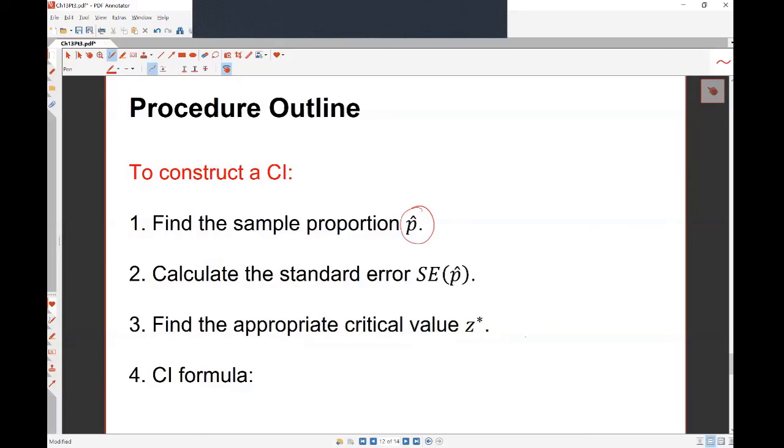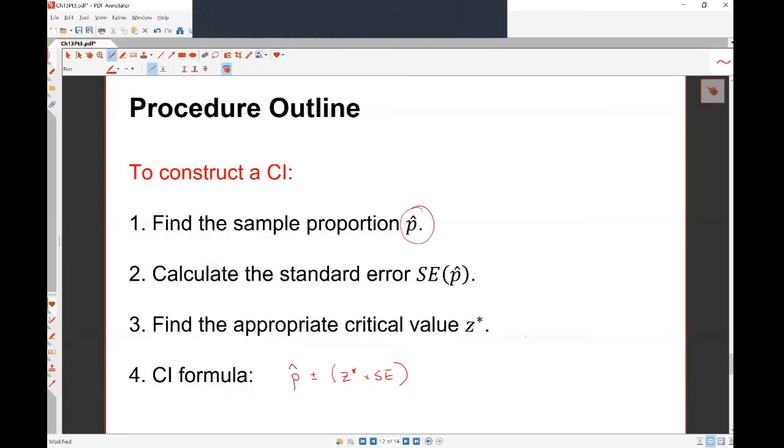Our third step is finding the appropriate critical value, the Z star. And that makes use of the normal table. But remember, you can memorize those critical values for 90%, 95%, and 99%. Once we have these 3 quantities, then our confidence interval formula is p hat plus or minus Z star times the standard error.